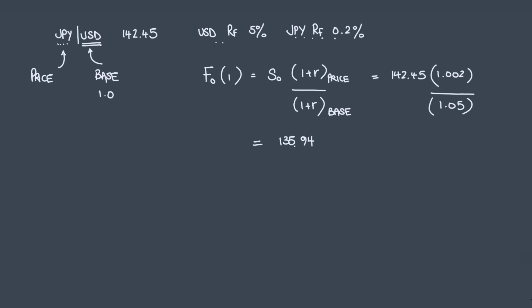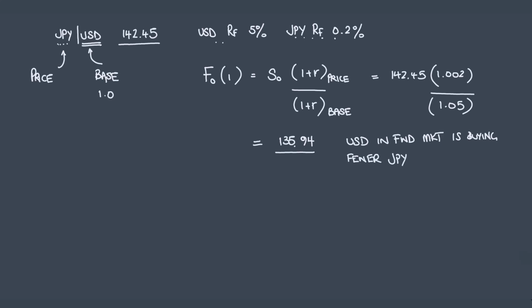938, but we're just rounding it to 94. Now, what does that imply? Initially, we had 142.45 as the spot. The forward is 135.94. I would say this, if I focus on the base, the US dollar in the forward market, if indeed this is the forward price, the US dollar in the forward market is buying, well, 135 instead of 142, fewer yen.